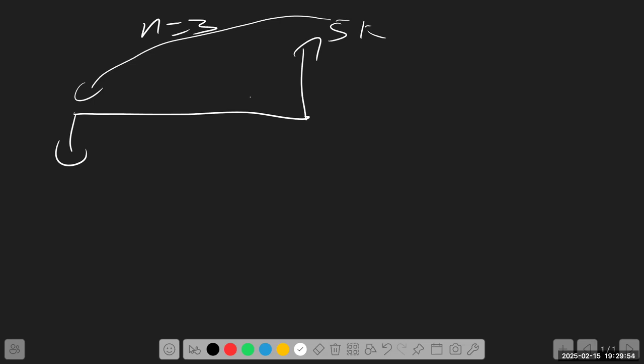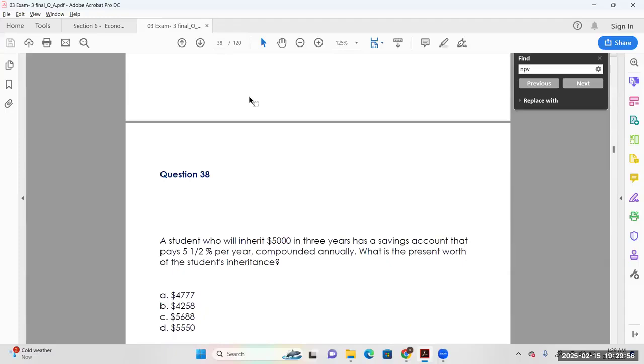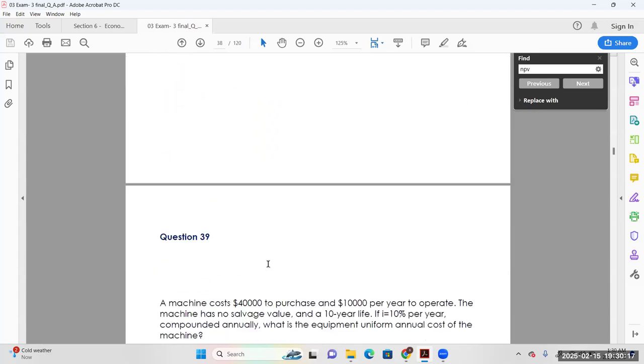But the interest there. Interest is 5.5. 5.5 is the interest. So 4,258. Yes, exactly.